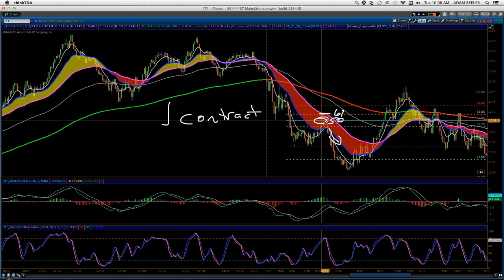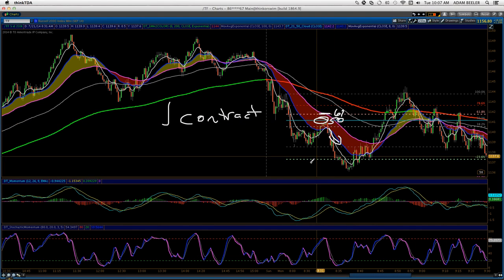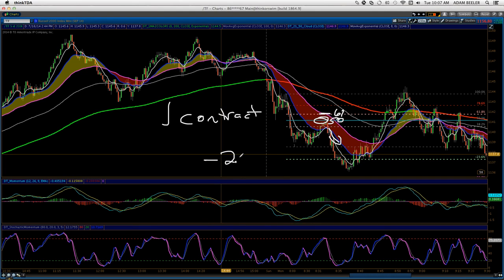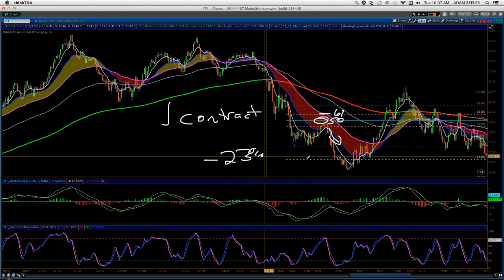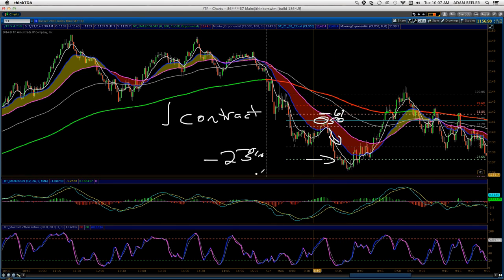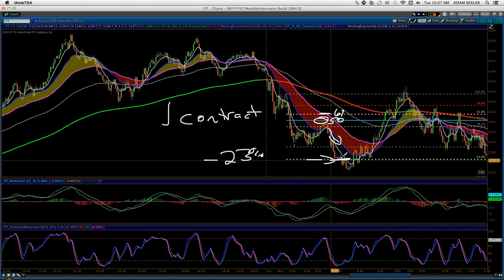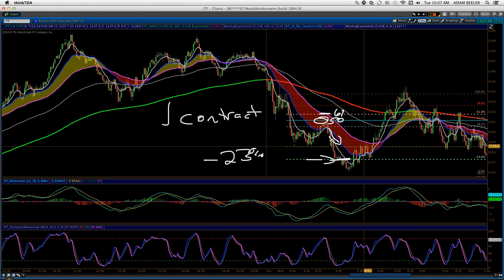So with 1 contract, we're looking for this thing to start selling off. Final target, minus 23% fib. That's our final target. It's conservative because some will look for the 61.8. We're looking for the 23% extension target. So right here. That's your target.